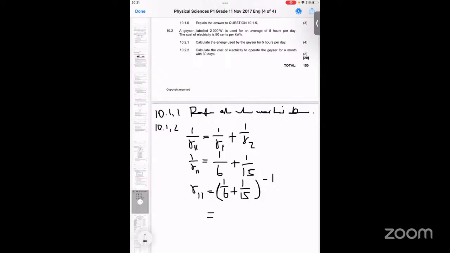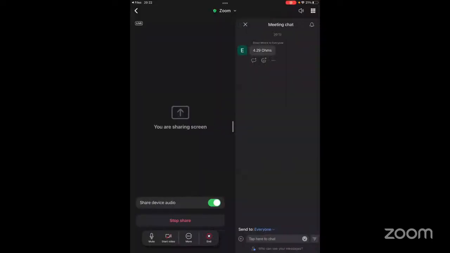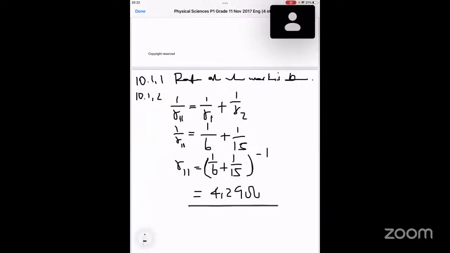Someone did confirm that it is what Ethan got there. Let me quickly check what Ethan got. It's 4.29 ohms. So that means the answer is 4.29 ohms.